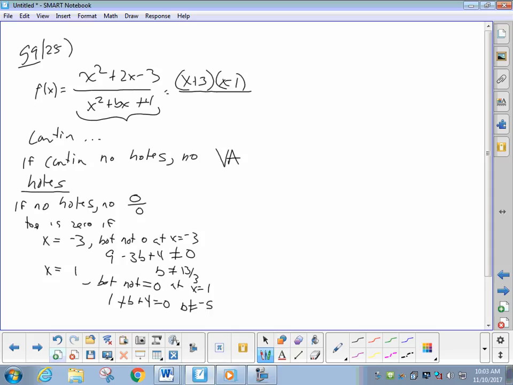Now I need to deal with the vertical asymptote problem. If there are no vertical asymptotes, then I have to make sure that there is no what? How do you get a vertical asymptote? 0 in the denominator, okay? So I cannot have the denominator equal 0. So the denominator cannot equal 0.